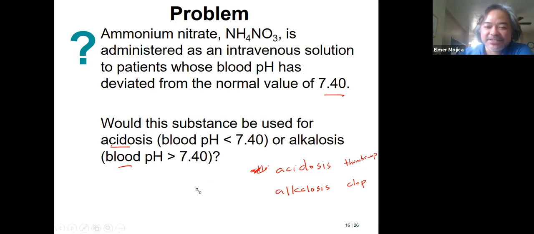So I want to see your answer. Thumbs up for acidosis and then clap for alkalosis.